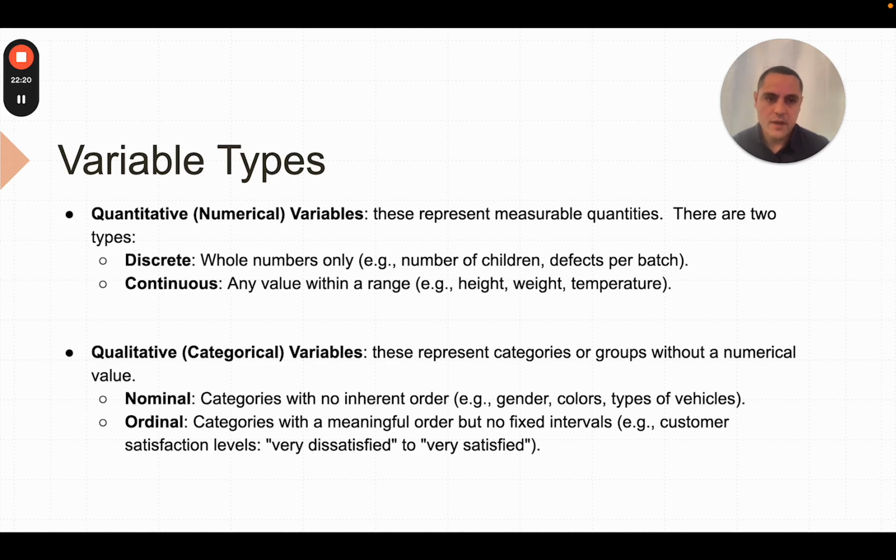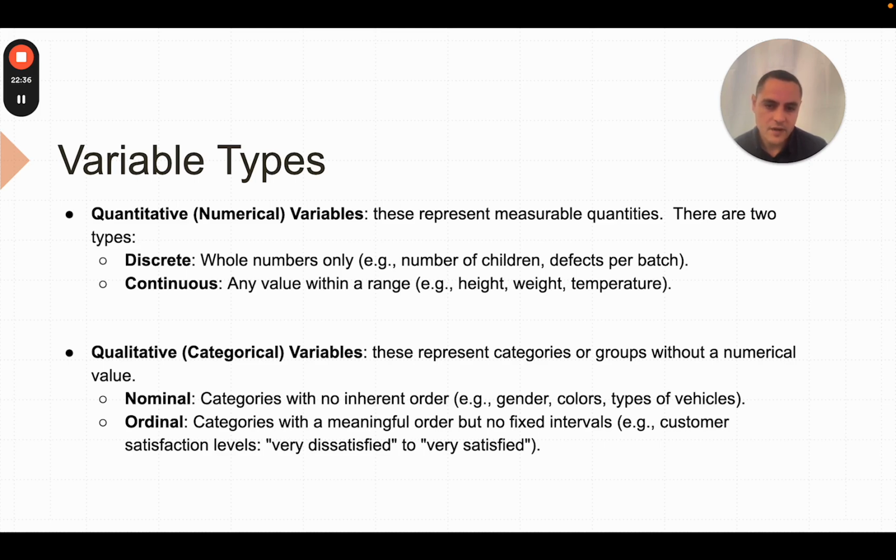But we can also have ordinal, and that's where there are categories, but the order actually matters, right? So for example, if we do a survey and there's satisfaction levels, right?